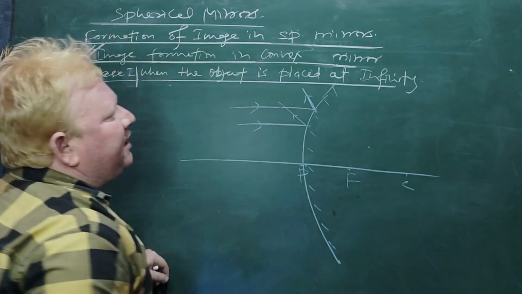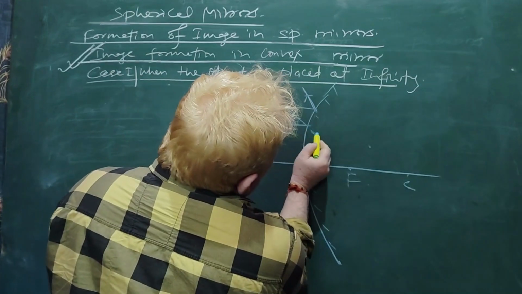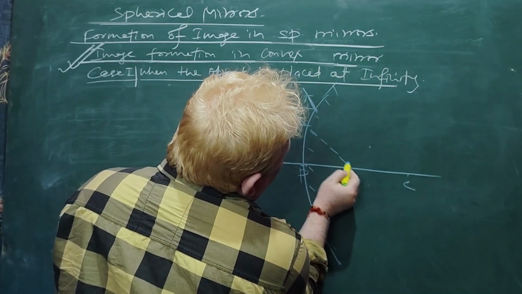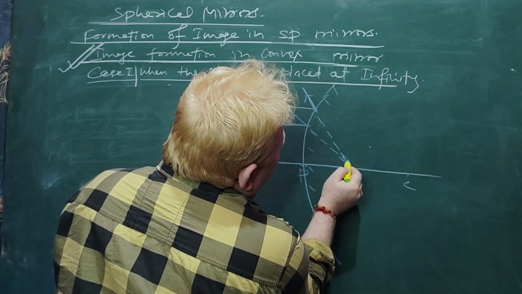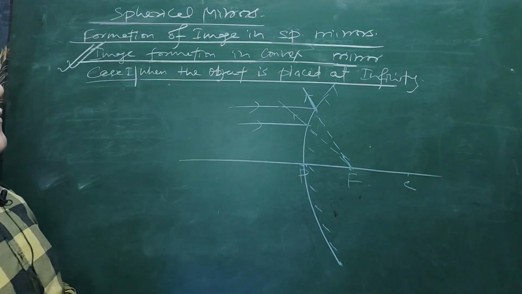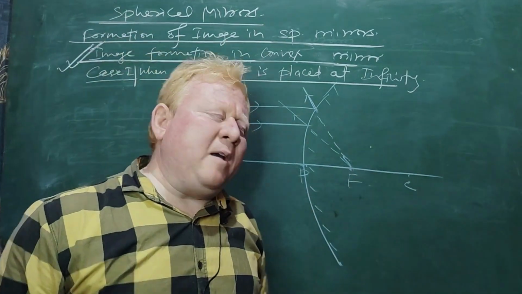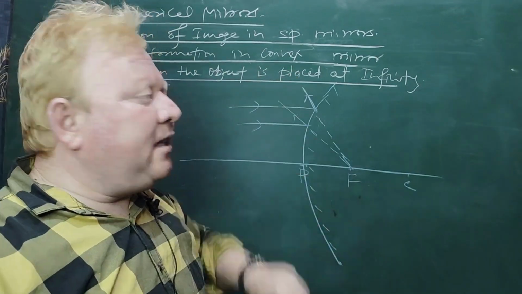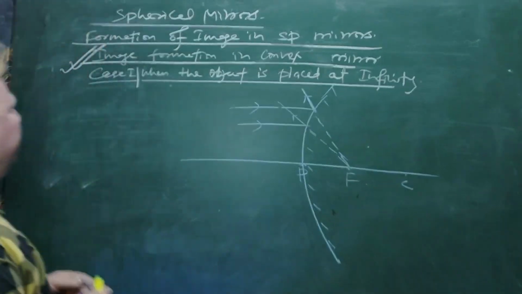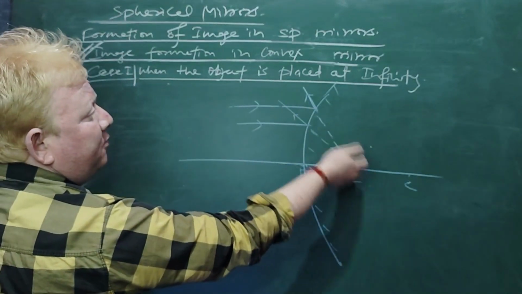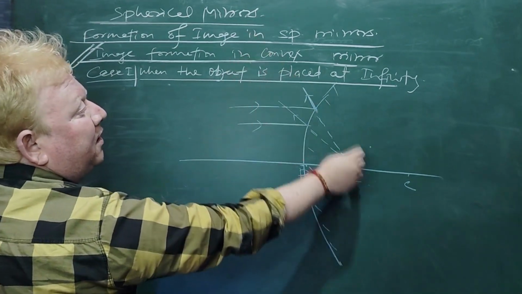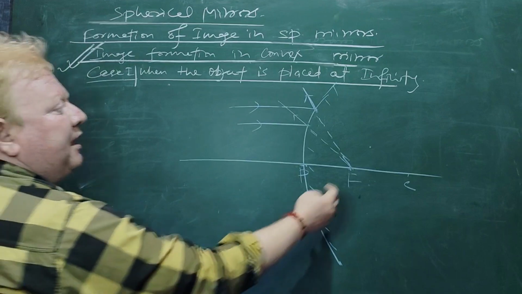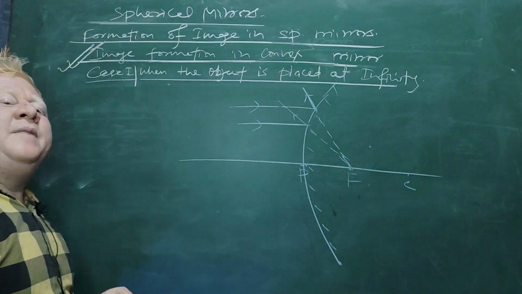You see these two rays are appearing to meet at focus exactly. Yes, na? So here an image will be formed now. Why? Because these two rays, now I am considering the reflected rays, appear to meet coming out of this point. So this point contributes the image.